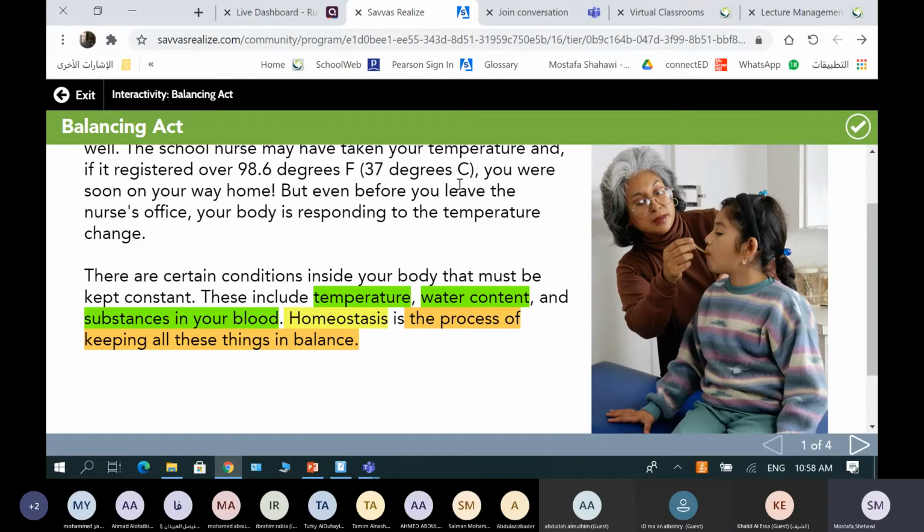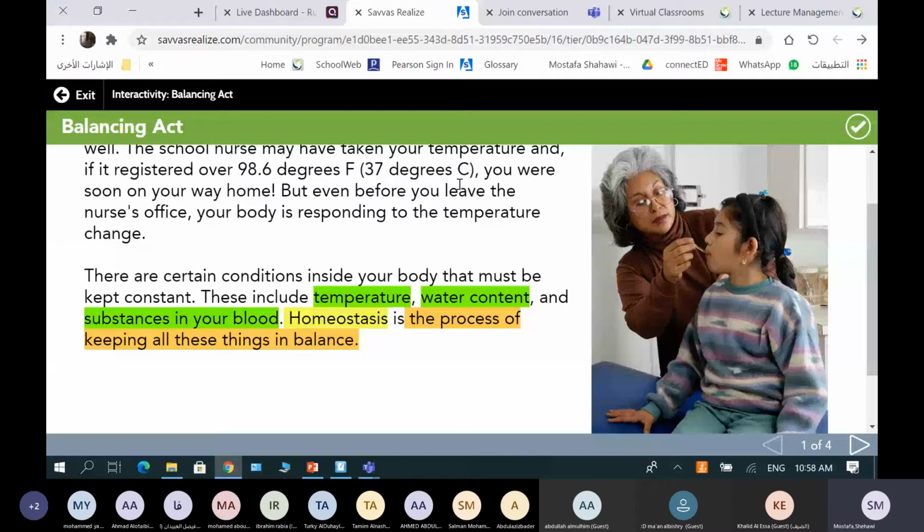In the cold, your muscles shiver and your teeth chatter, and the circulatory system rushes blood to your skin, so you feel warm. In the summer, the sweat glands work more efficiently, producing sweat to keep your body cool at 37.